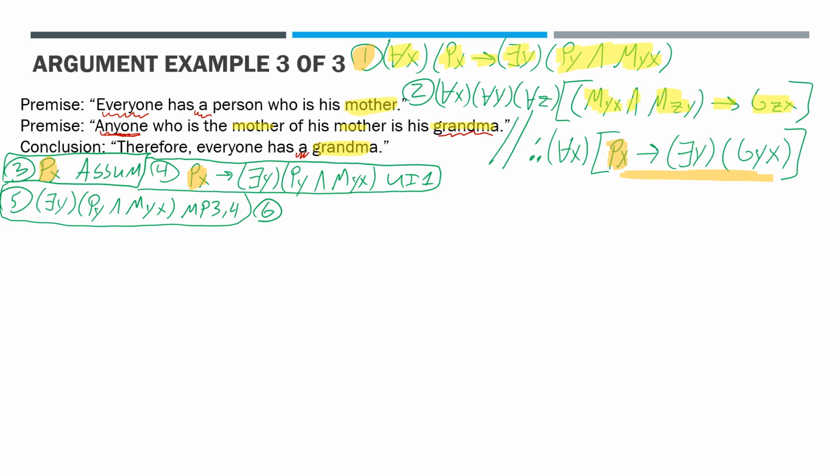For line 6, we can instantiate line 5, so we'll get pw, so w for y, and mwx by the existential instantiation of line 5. For line 7, we can get pw by the simplification of line 6.